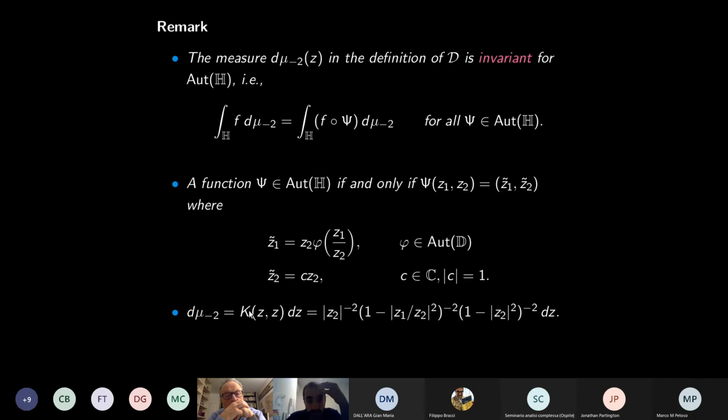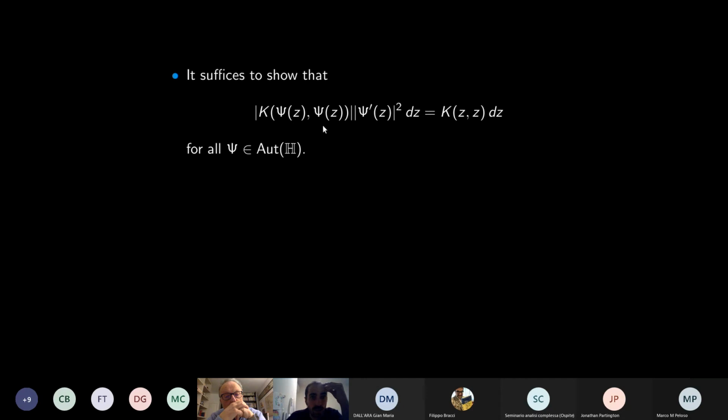In the case -2, we only have the kernel restricted to the diagonal, and explicitly it is given like this. To see that the measure is invariant for the automorphism, we just consider the composition of the kernel with an automorphism, and in the second variable nothing happens because it's just a rotation, and here we always have the absolute value. So to show that the measure is invariant for the automorphism, we just have to check this identity: k at psi(z) times the modulus squared of the Jacobian psi prime of z, evaluated at z, is equal to k at z.